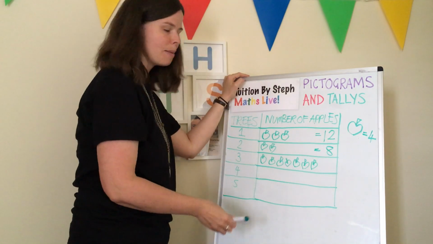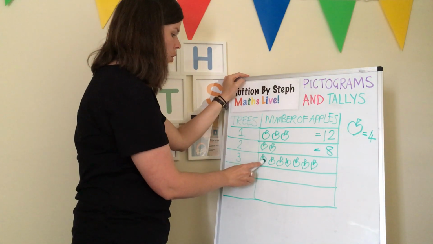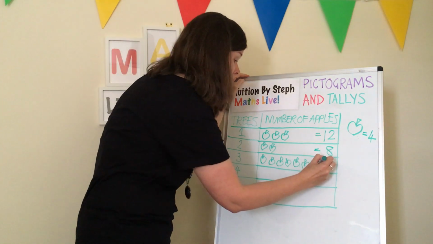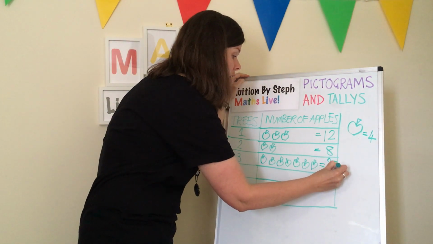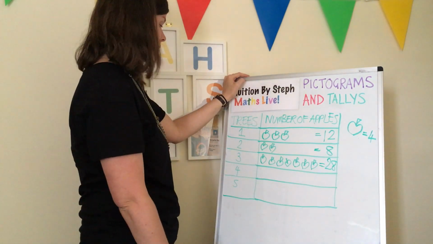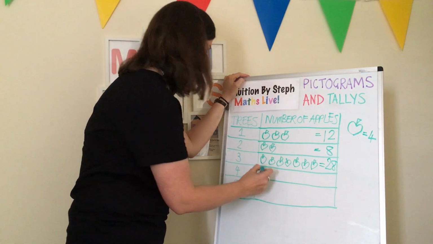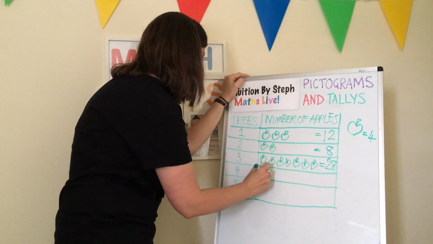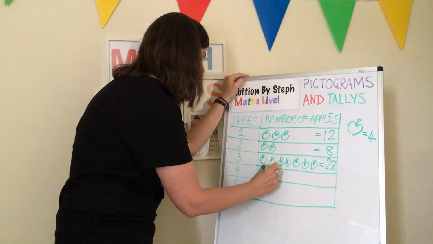So how many apples grew on tree 3? 4, 8, 12, 16, 20, 24, 28. 28 apples on tree 3. Oh dear. Right, here's tree 4.